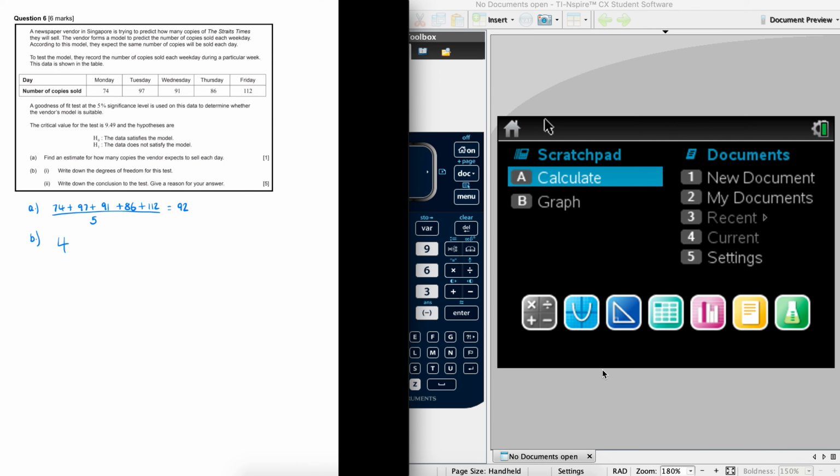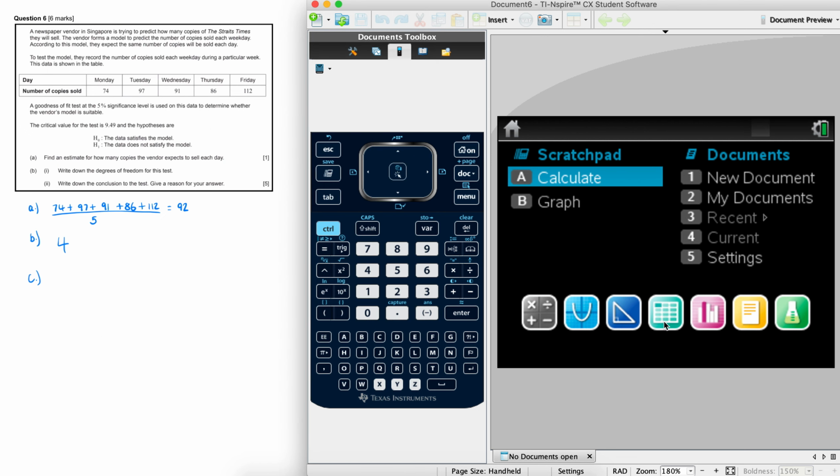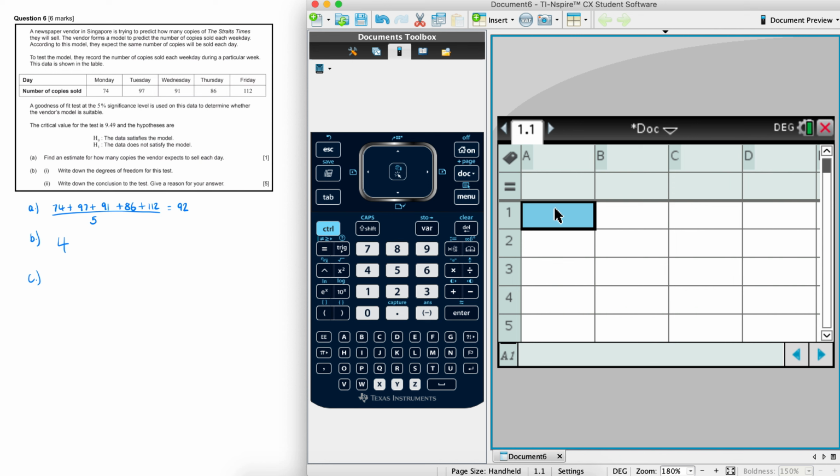Part C is to work out whether you would accept the null or the alternative hypothesis. To do this, we need to use our GDC to find the chi-squared value. For goodness of fit, we write down the expected data.